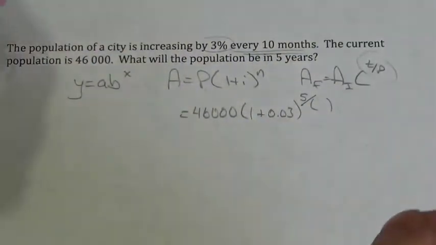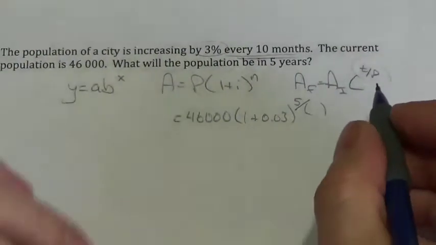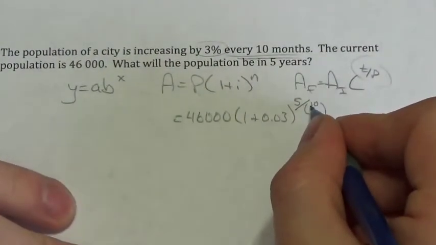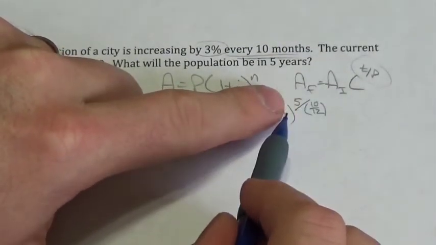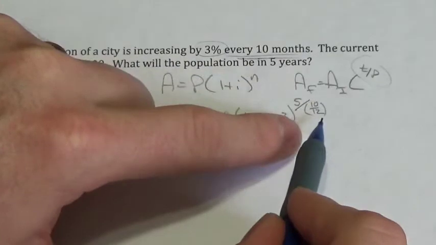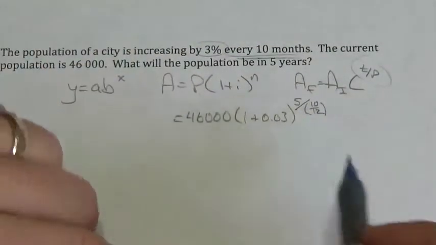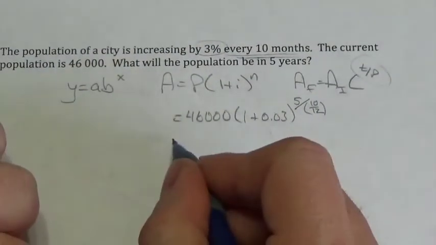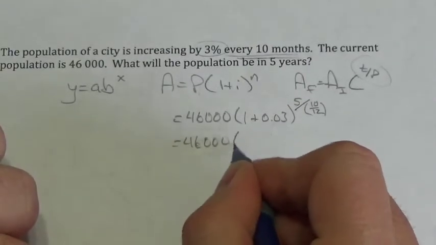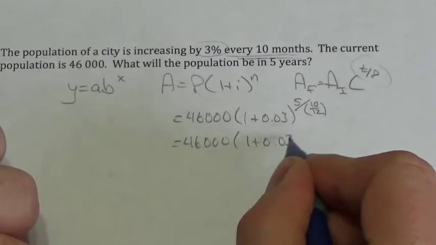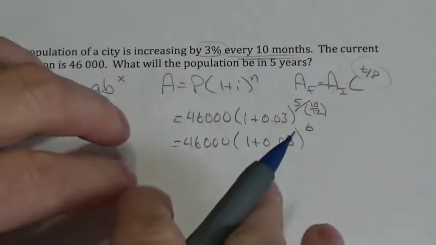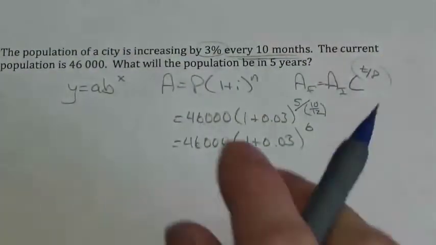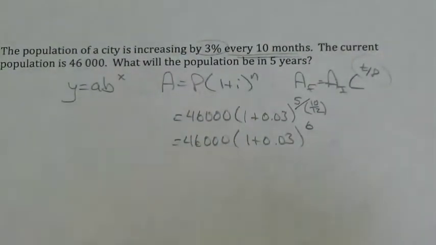I'm going to convert that 10 months into a fraction of a year. That's going to be 10 divided by 12. So I'm going to take that 5 years and divide it by the period in years, which is 10/12. Now it turns out when you evaluate that exponent, you get 6. And that actually makes perfect sense. In 5 years, you'll have 6 groups of 10 months, and every one of those 10-month groups is going to increase the population by 3%.